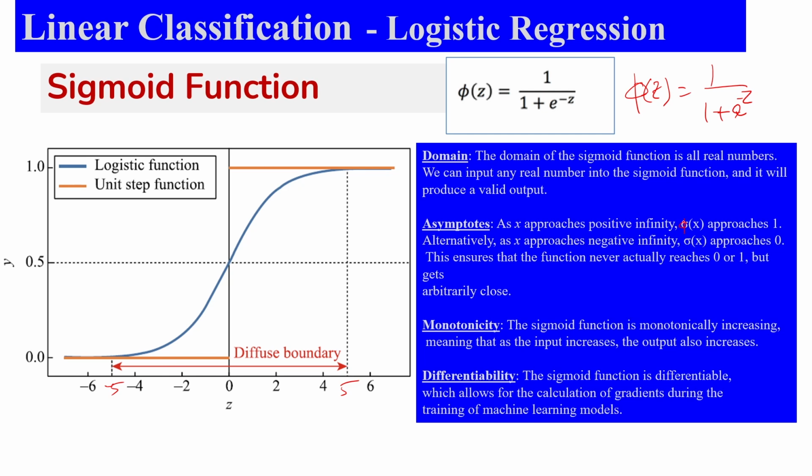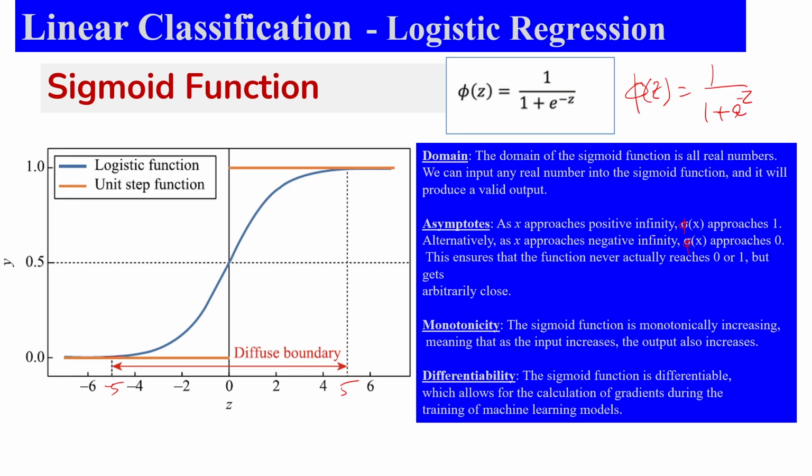Alternatively, if x approaches negative infinity, phi x approaches 0. This ensures that the function never actually reaches 0 or 1, but gets arbitrarily close. This is asymptotic, as you can see in the plot, asymptotically reaching 0 and 1.